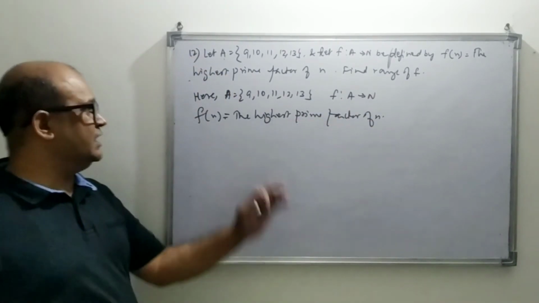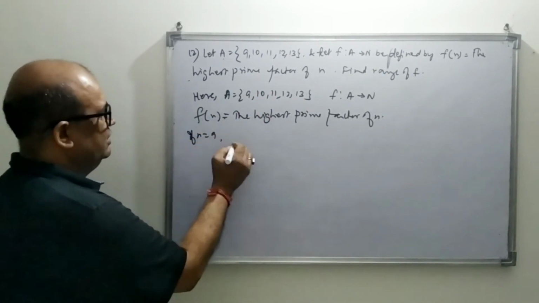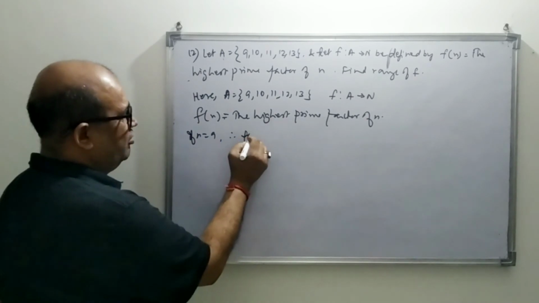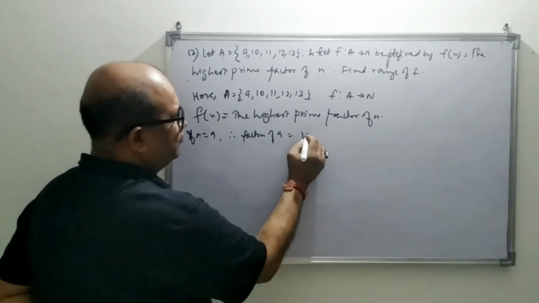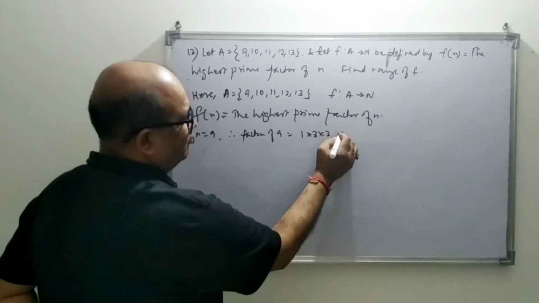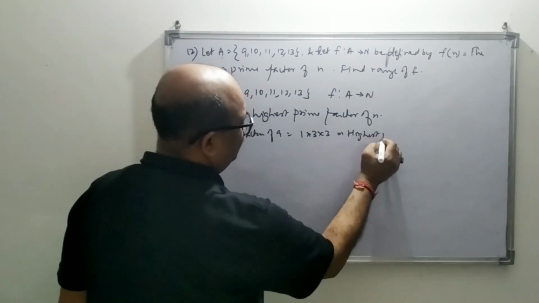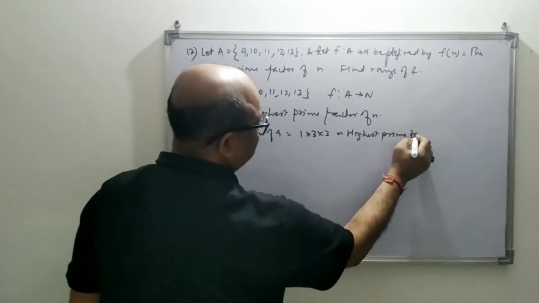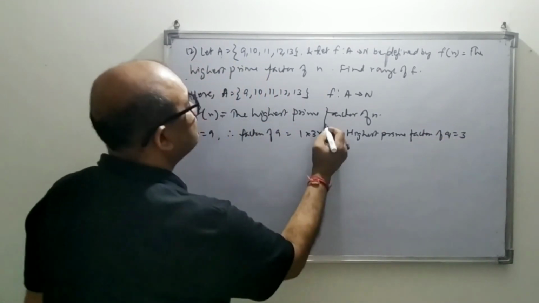Now let us take n equal to 9. Therefore, how can we write the factors of 9? 9 equal to 1 into 3 into 3. So what is the highest prime factor of 9? It is 3.